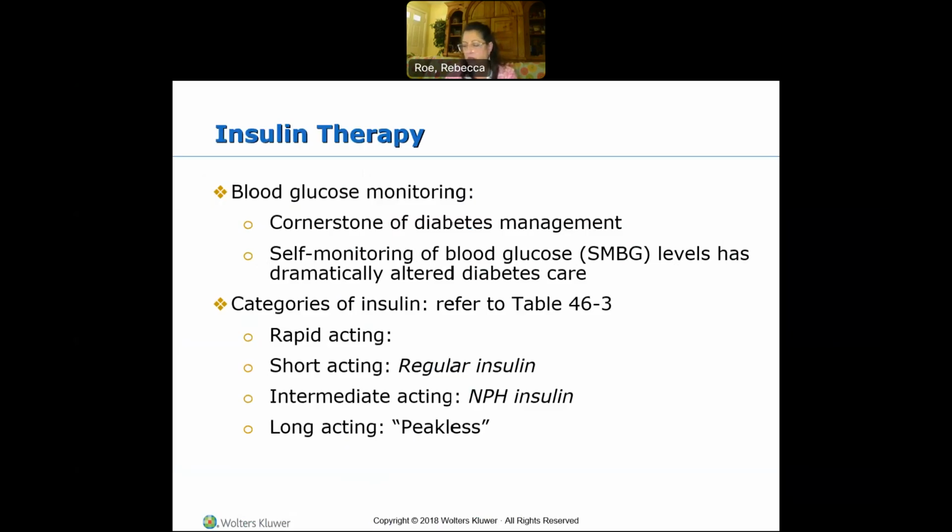And it's very important that they know all of those things, because then they won't have any difficulties with insulin therapy.